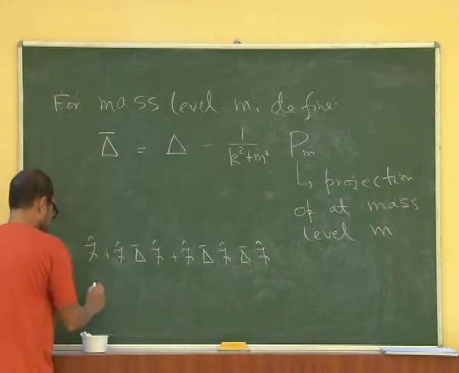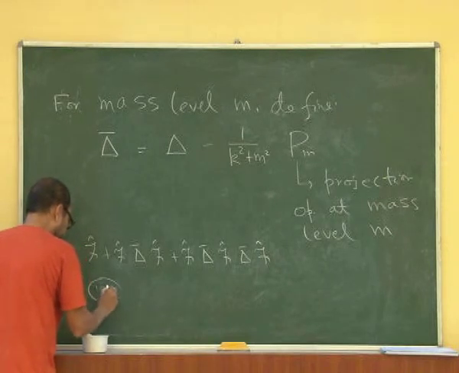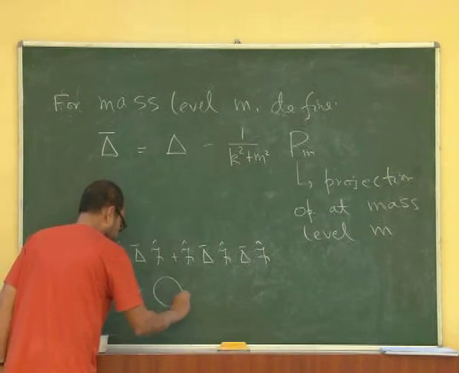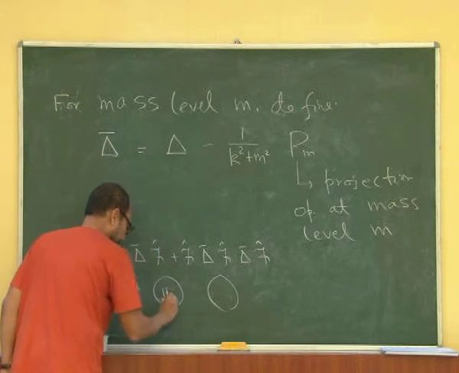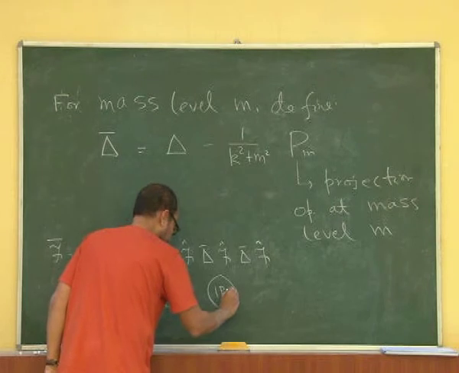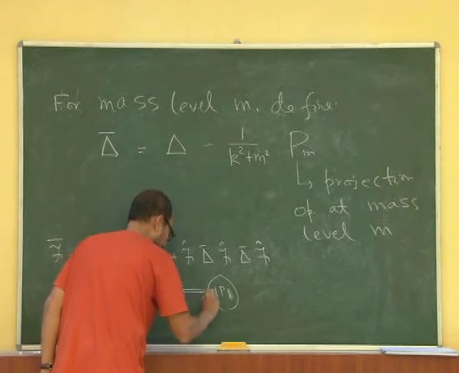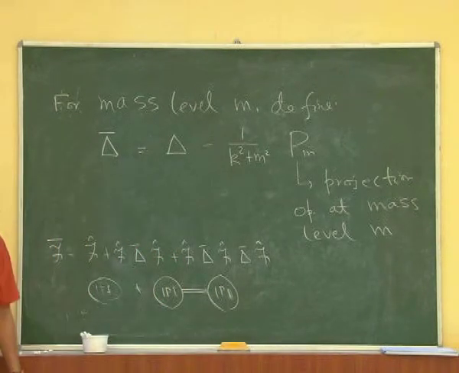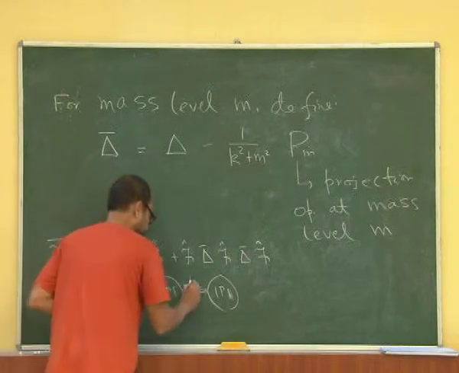If you want to think of it pictorially, it is like 1PI plus 2PI, but this time connected by a different line, not delta but delta bar. This represents the effect of delta bar.